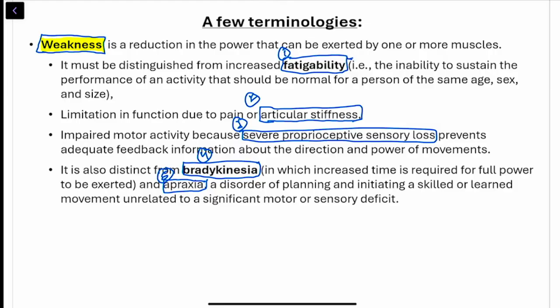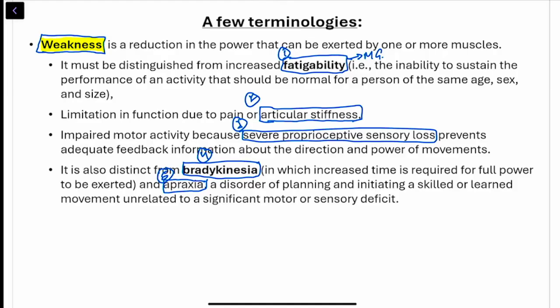Fatigability is basically seen in myasthenia gravis, in which on repetitive muscle contraction, the subsequent muscle contractions are weak. The patient feels weakness on repetitive use of a muscle. For example, if I contract my arm for 5 to 10 times, and the 11th, 12th time I will feel intense weakness as if my arm is paralyzed, and it is seen in myasthenia gravis, right?